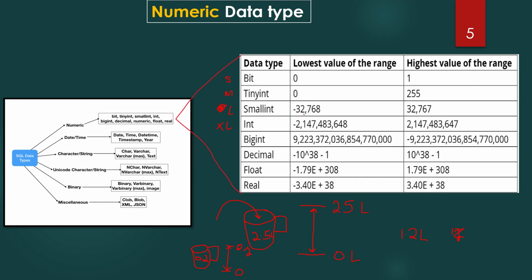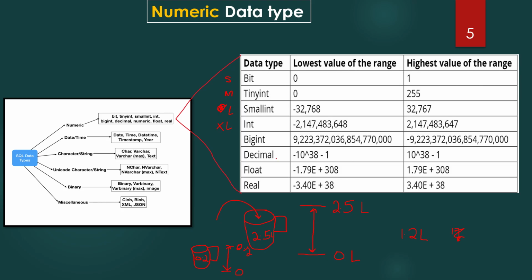A smallint will contain from negative 32,000 to positive 32,000. So you can use this for anything. An integer goes from negative 2 billion to positive 2 billion. So you get the idea.